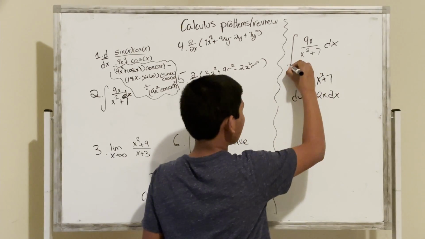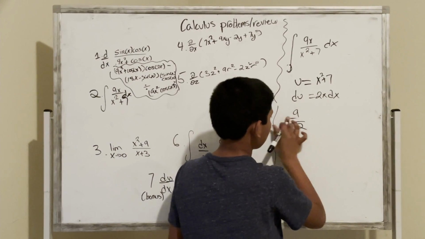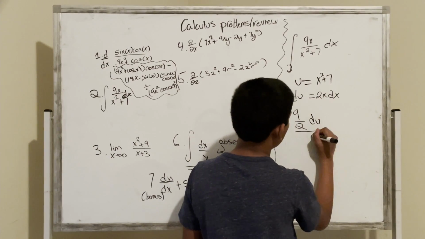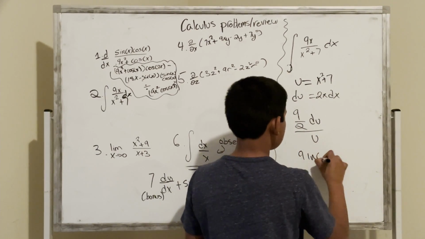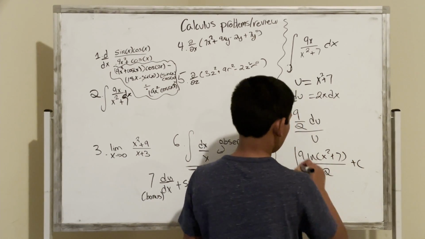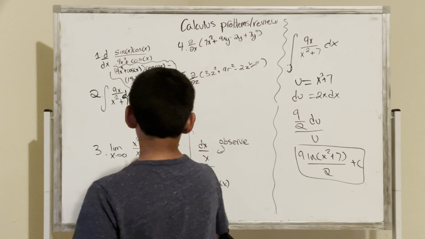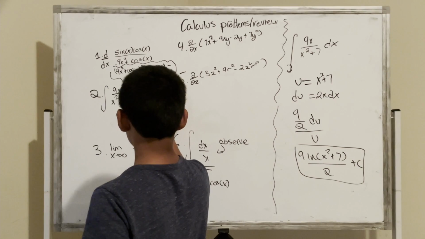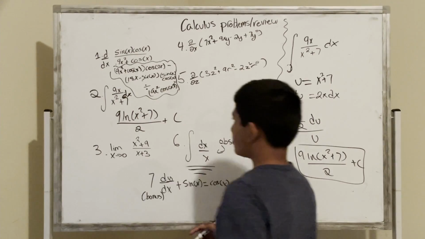So we get 9 halves du over u, and then we replace this, so 9 ln of x squared plus 7 over 2 plus c. And this will be our answer. So that's how we can use substitution over here.